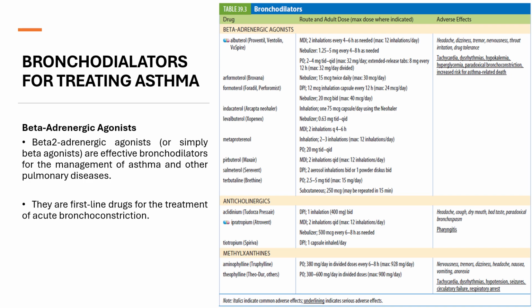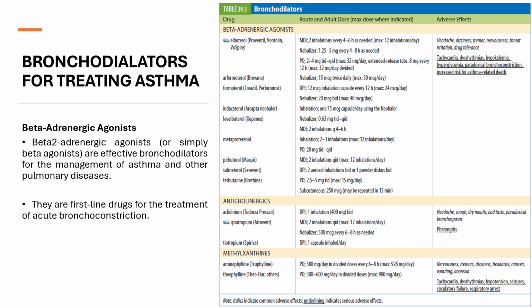Taking a LABA to abort an asthma attack instead of a short-acting beta-agonist could result in unrelieved bronchospasm and subsequent death.